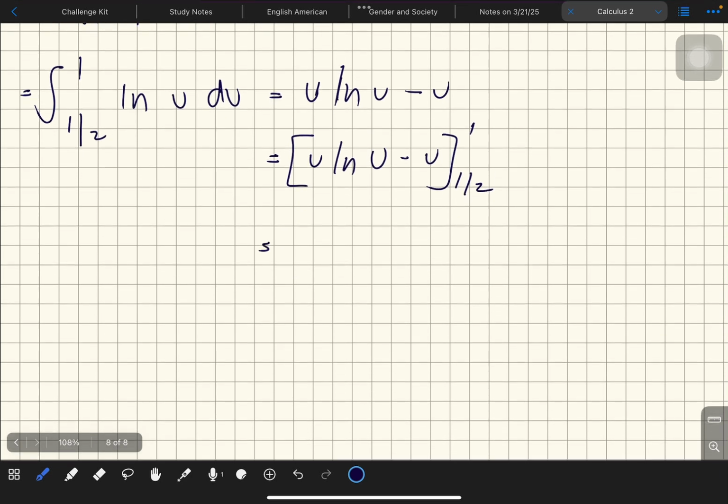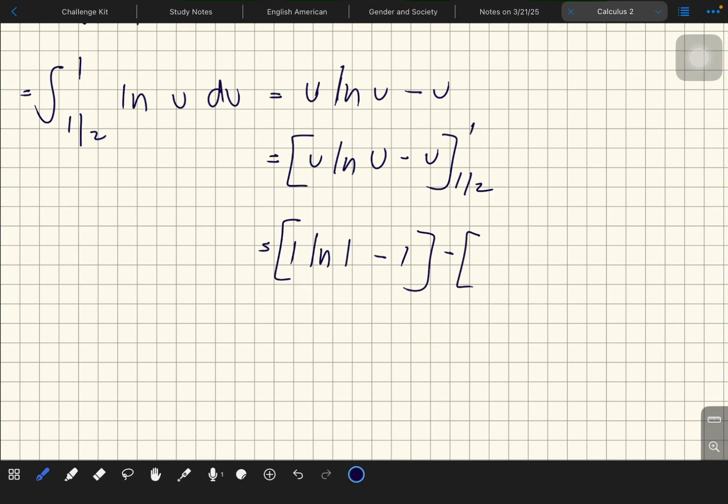So substitute the values, the upper and the lower boundary. So we exchange u to 1: 1 ln 1 minus 1, minus the quantity 1/2 ln 1/2 minus 1/2.